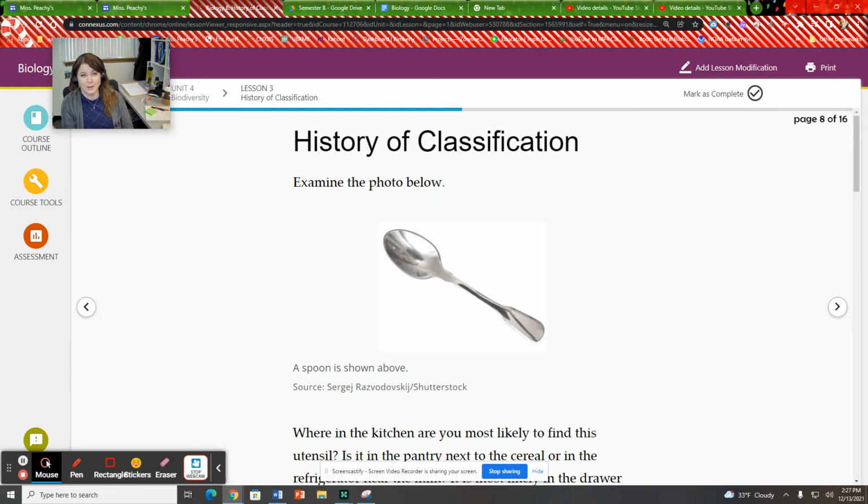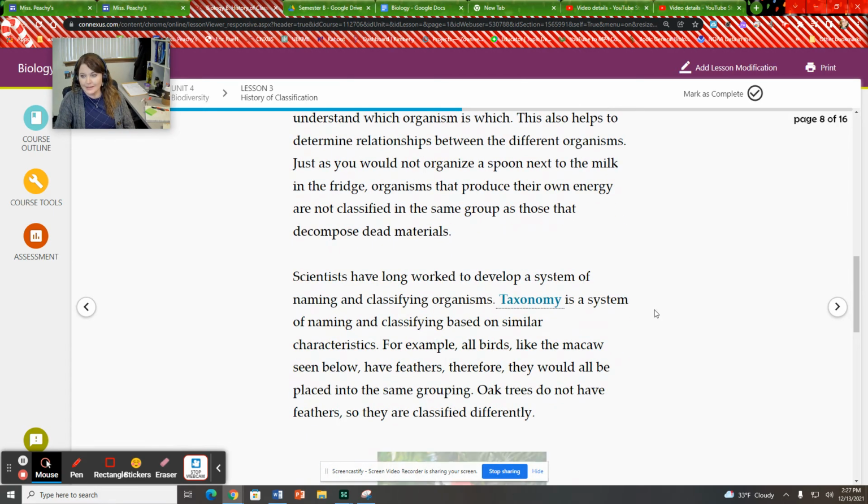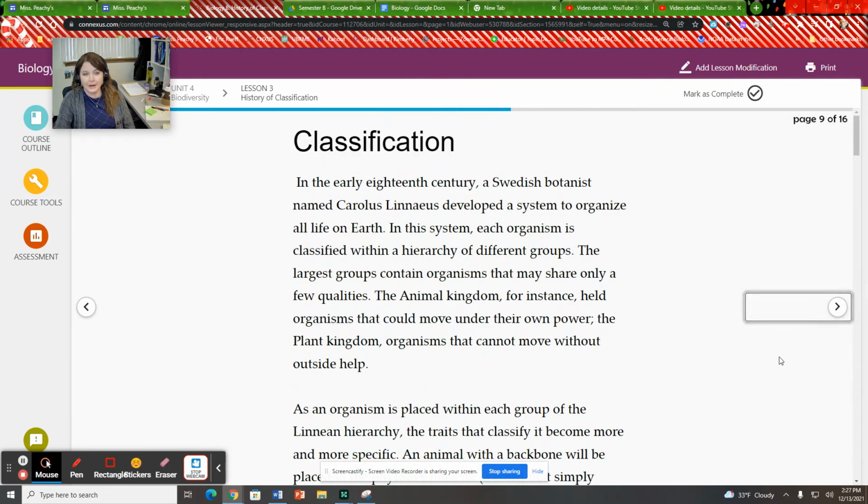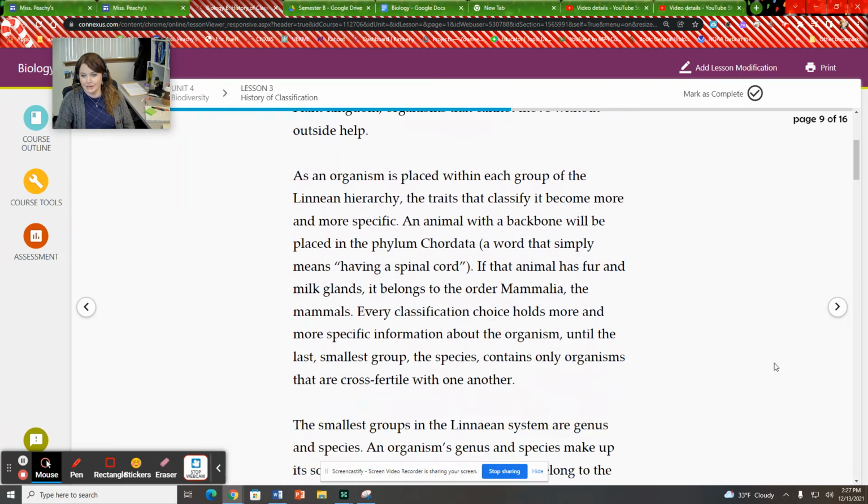Maybe you'll think first, well, probably a drawer. Then you'll start looking at the drawers and say, okay, is it going to be a small drawer or a large drawer? There are different categories, but internally we put things in compartments, right? Even in our houses, there's a place where things are supposed to go, and that's where you put your spoons. So we do that in the living world as well, just our natural predisposition to categorization.